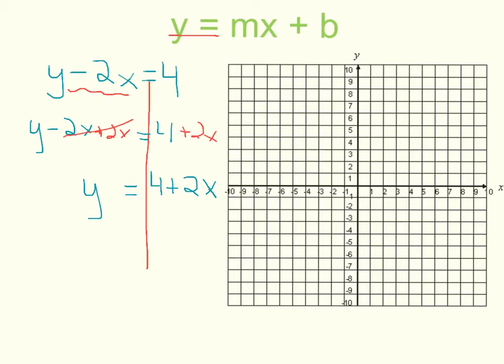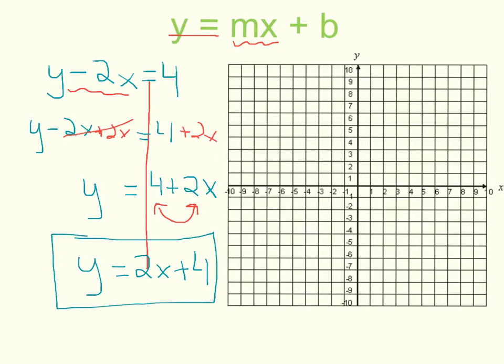However, I still want to do one more step to rewrite this. We want mx to be first, so we just have to do a flip. y equals 2x plus 4. So now my equation is rewritten, and I can now graph. So I'll plot a point. My y-intercept is 4. And then my slope is 2, or 2 over 1.